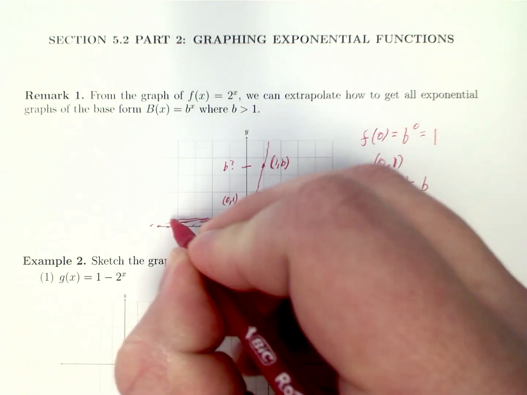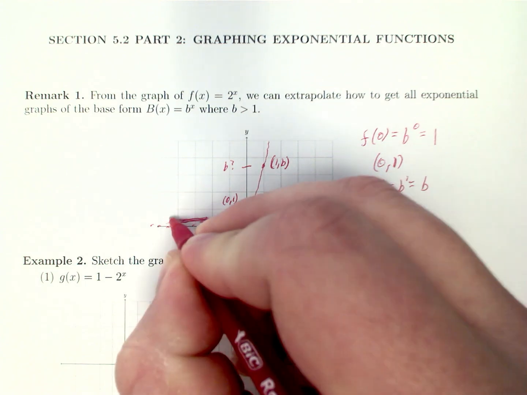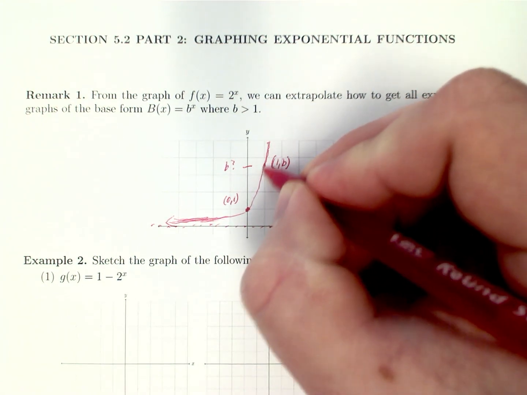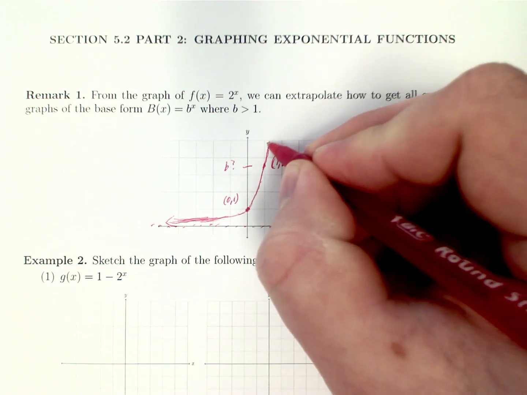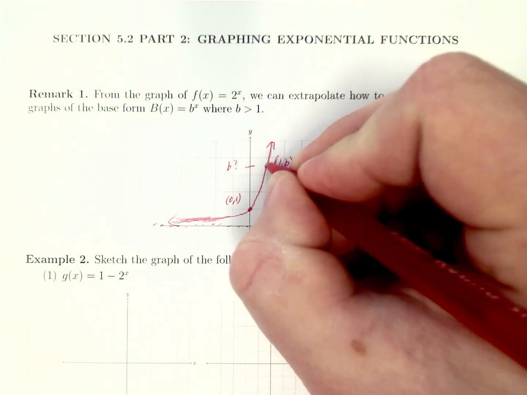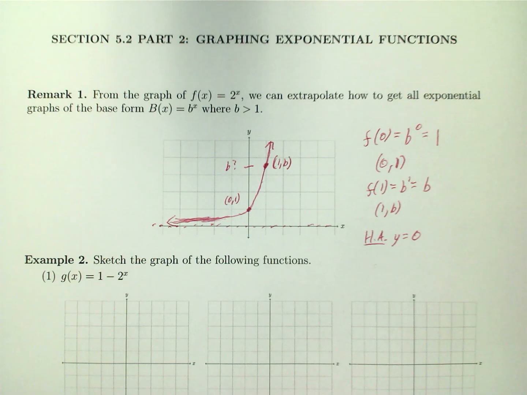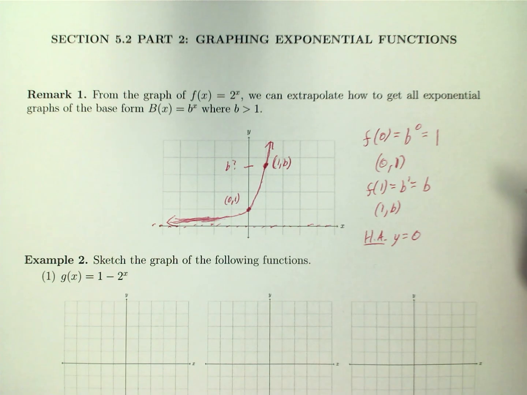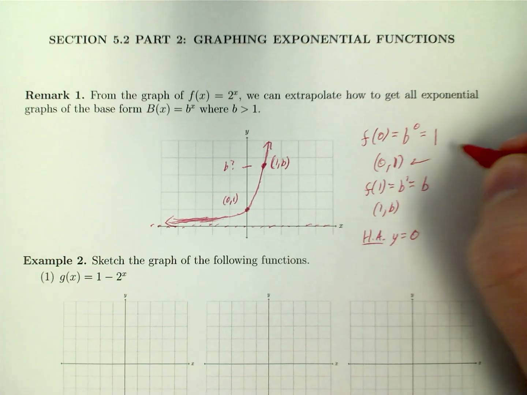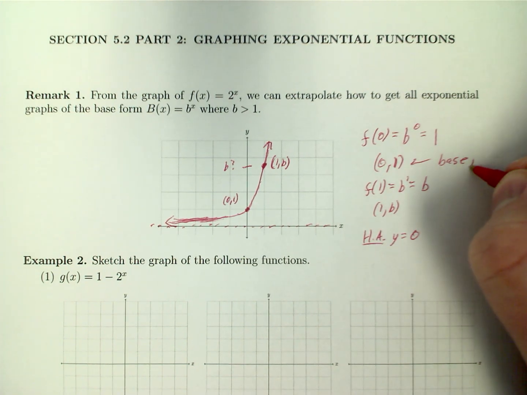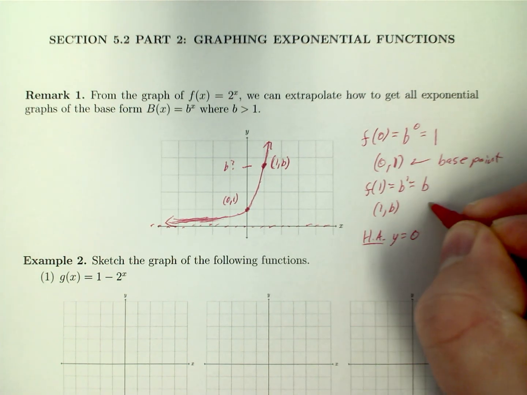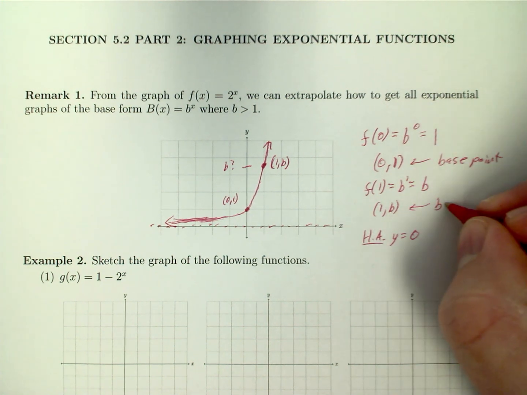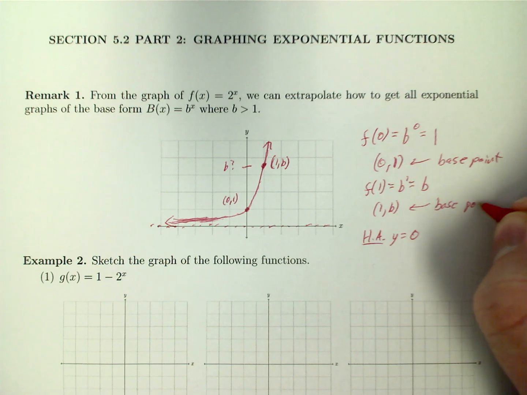I'm not doing a good job of notating that, but we get something like this. From this, we can always get a couple of base points. This is a base point, and this is a base point. This is true for all of them, and this one depends on whatever your base is.